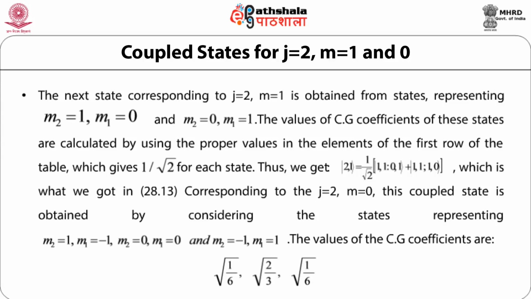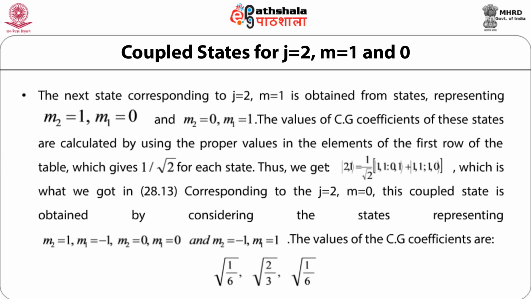Thus, we get the total coupled state given by the state 2, 1 corresponding to j equal to 2, m equal to 1 is equal to 1 by root 2 times bracket open state 1 comma 1 and 0 comma 1 plus the state 1 comma 1 and 1 comma 0 whole bracket close. And this is the result that we had also got in the module 28.